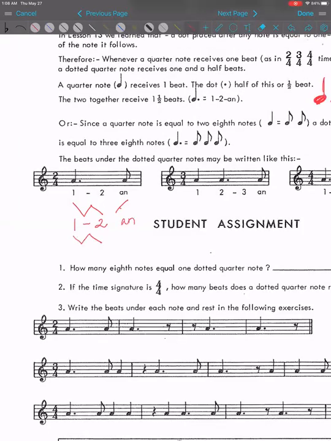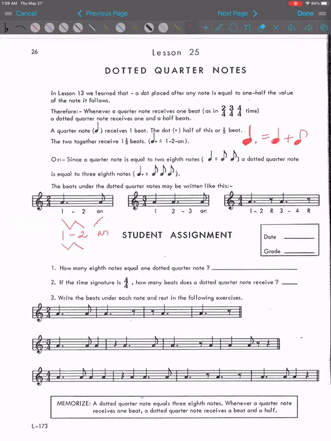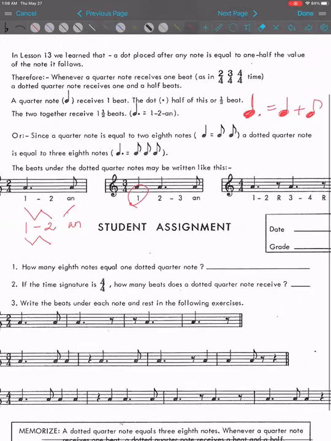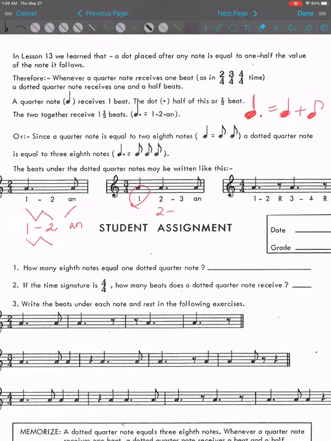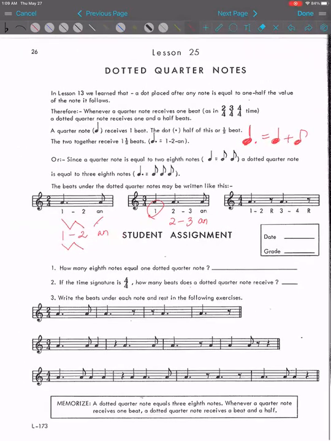So when it happens in the second half of a measure, it will be 1 and 2 and 3 and then the 'and'. So it's basically 1.5 and then the 'and'.